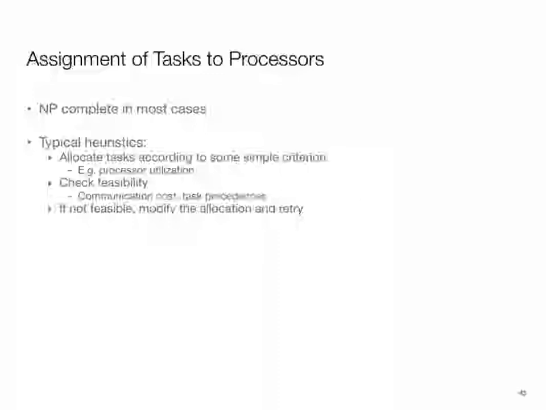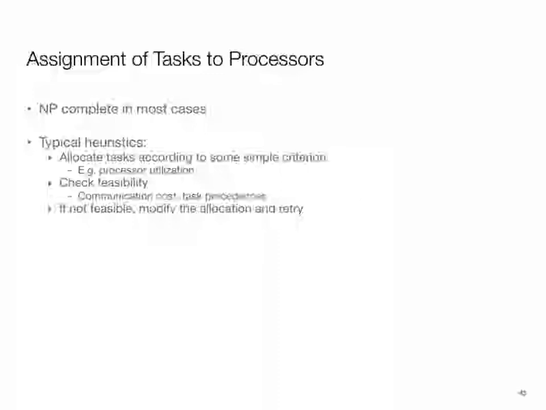So at the high level then, I have a set of tasks which you can think of as functions which are triggered when a corresponding event arrives or corresponding data arrives, and I'm basically mapping them onto processors.